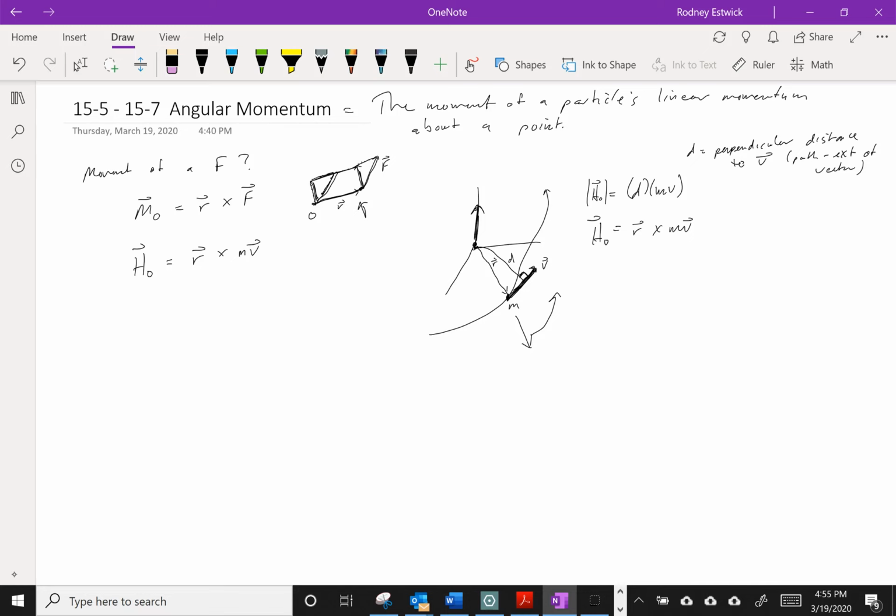All right, the way to do this formally with mathematics is the determinant of the following matrix: i hat, j hat, k hat. Then you've got the x, y, and z components of the position r. And then the third row is mVx, mVy, mVz. This assumes that mass is a constant, which of course it is.